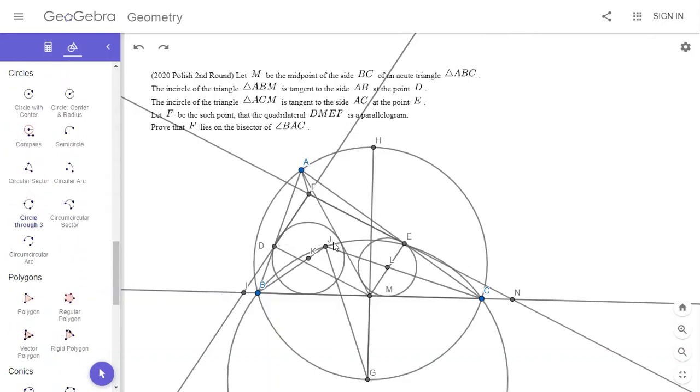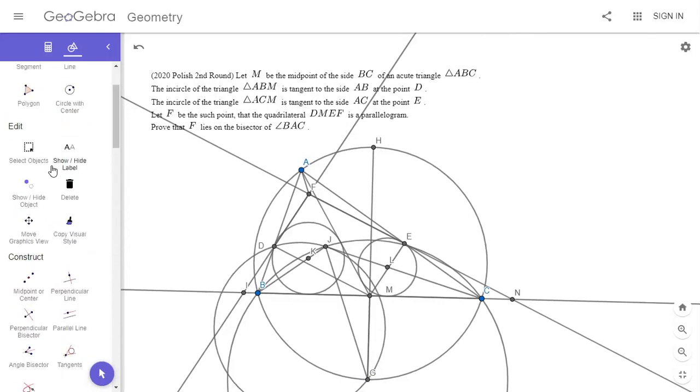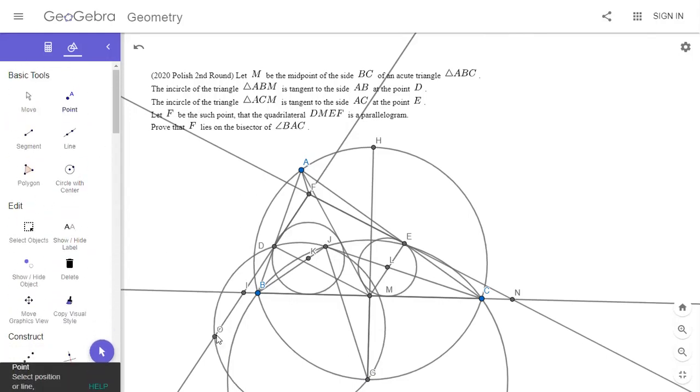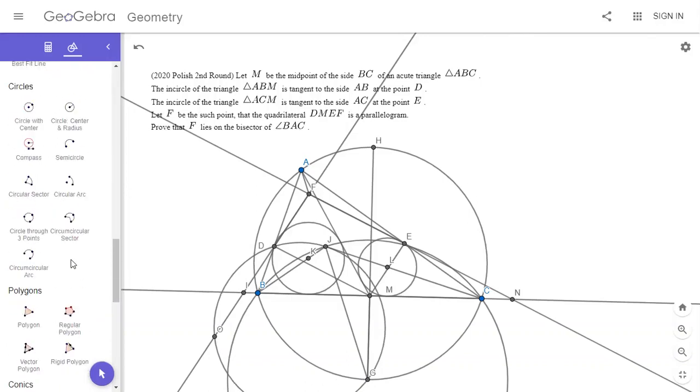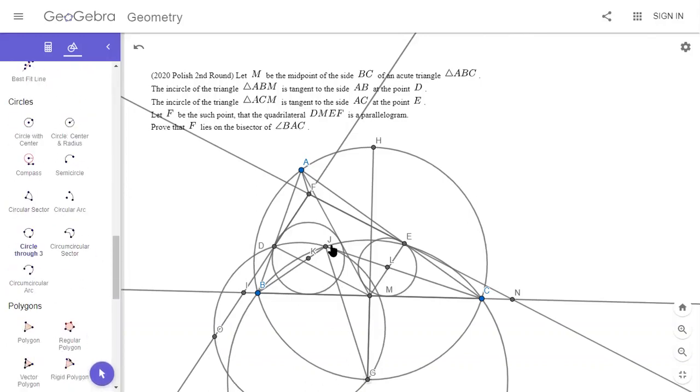Can I show GJ? What if I draw the circumcircle of GJ, and then I could try GJE.